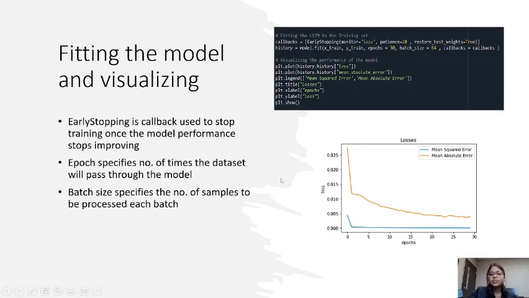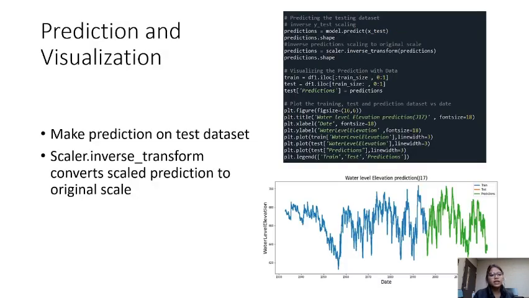The plot here shows loss versus epochs. By visualizing the plot, we can see that the loss is decreasing as the epoch increases, which means our model is performing well. Then we predict using the testing dataset.